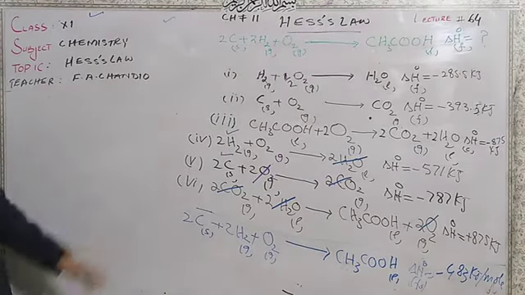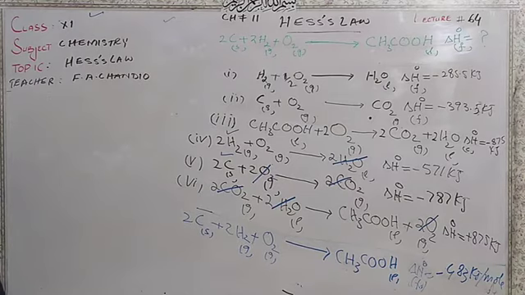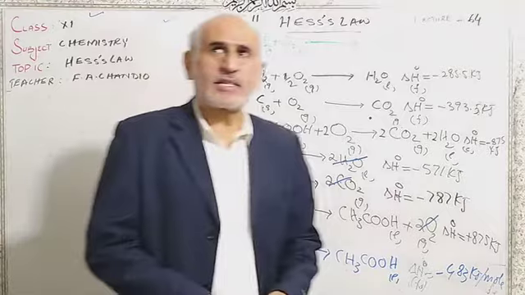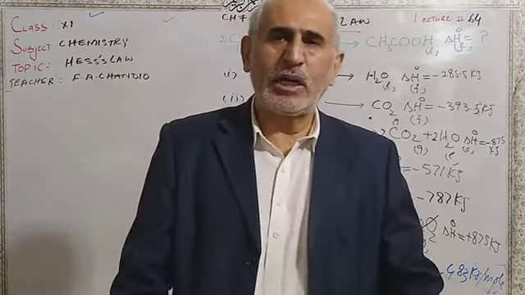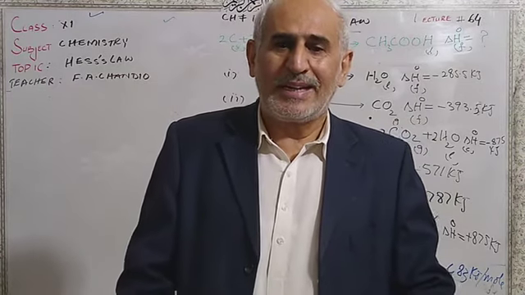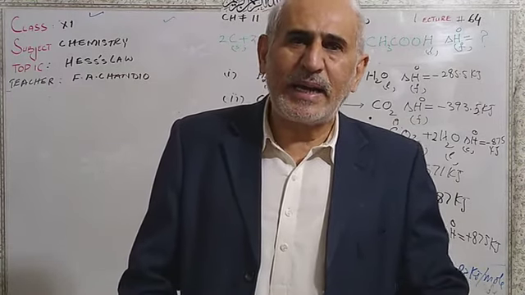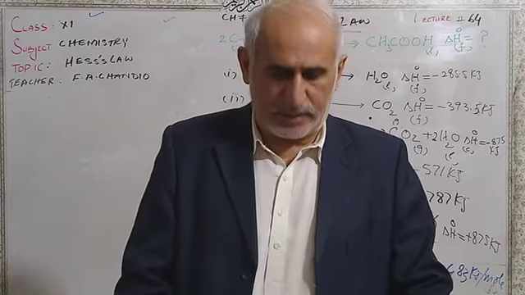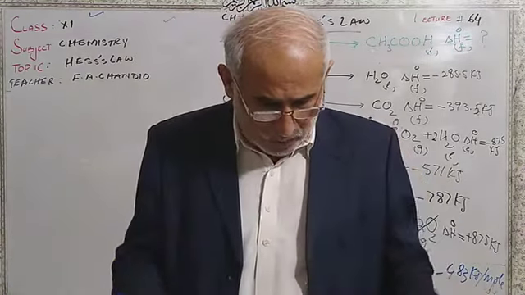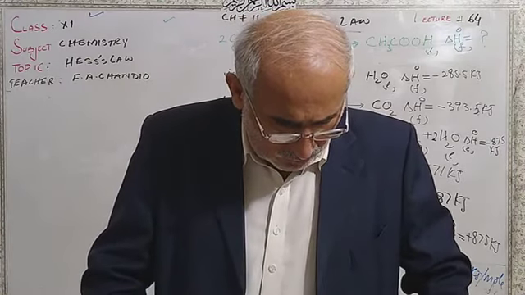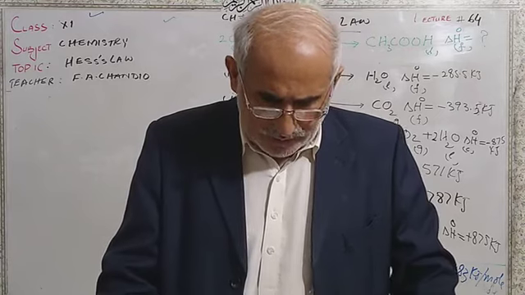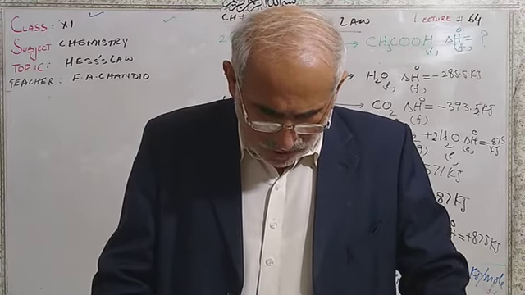So the same procedure I adopted here according to Hess's law of constant heat summation. We calculate the change in enthalpy of formation of different compounds by an indirect method. So students, you also have to solve these questions from the exercise as required.